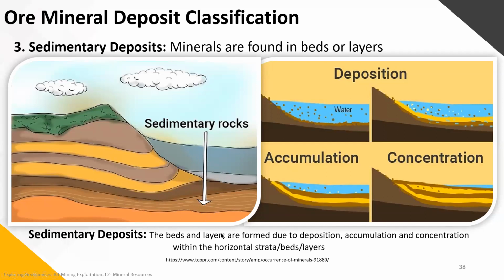So how this process is done is that the beds and the layers are formed due to deposition as seen here. And as this material is deposited, it will naturally sediment at the bottom of the water body. So there will be an accumulation.